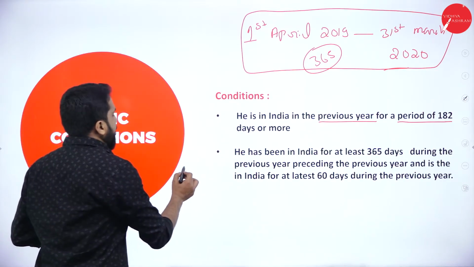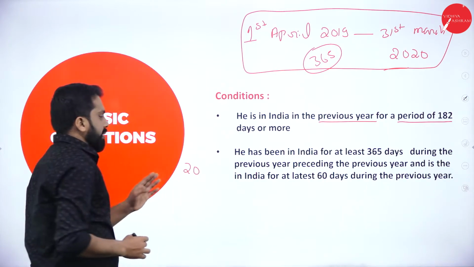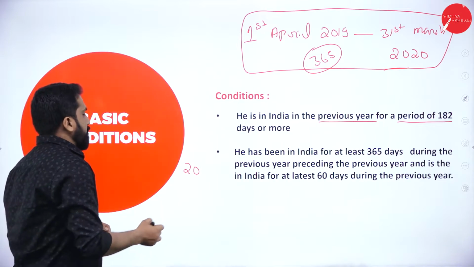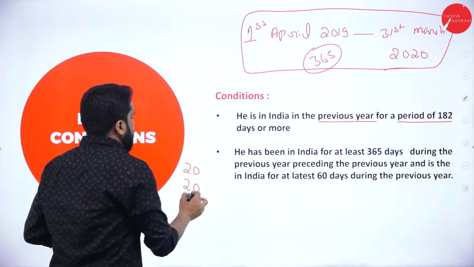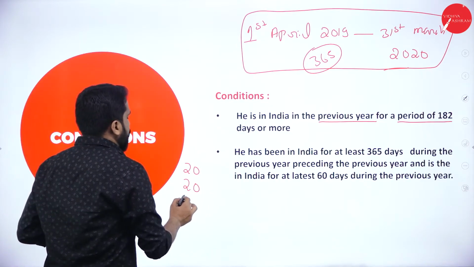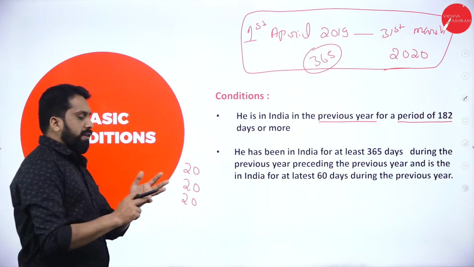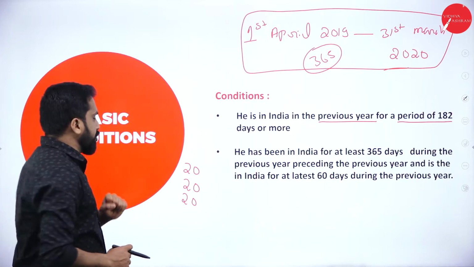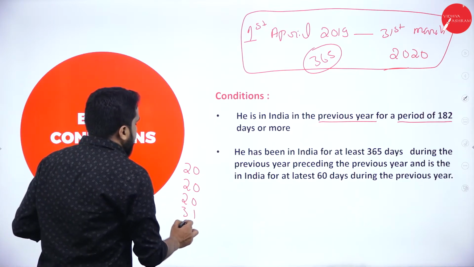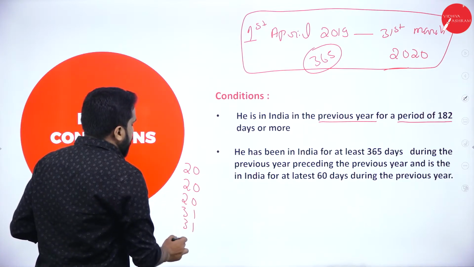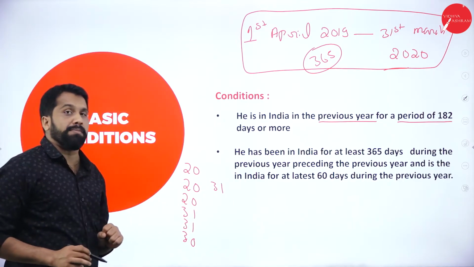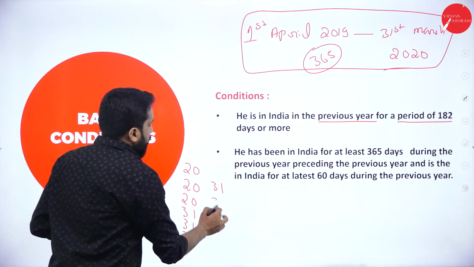In the month of January he was there for 20 days. Balance 11 days he was abroad. In the month of February he was there 20 days. In the month of March 20. April, May, June, he was not there in India. Now, July he was there, August, September, October, November he was there.